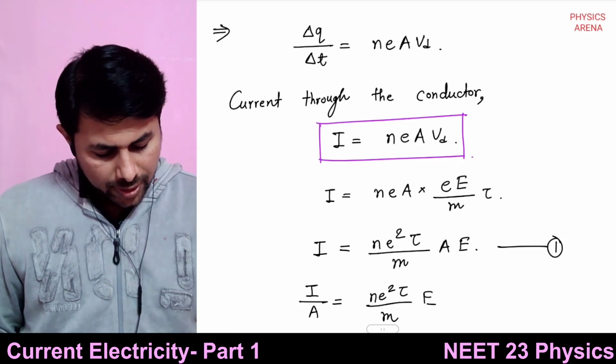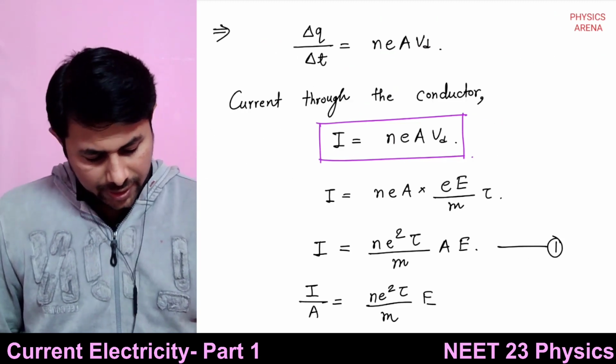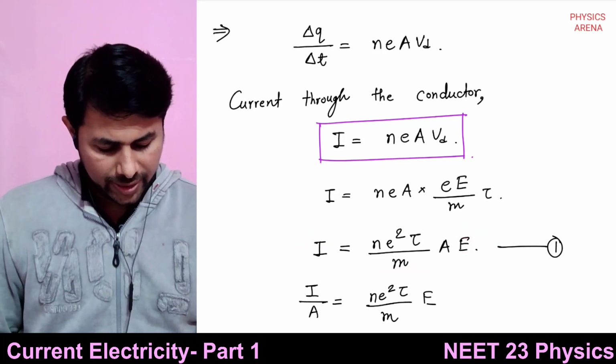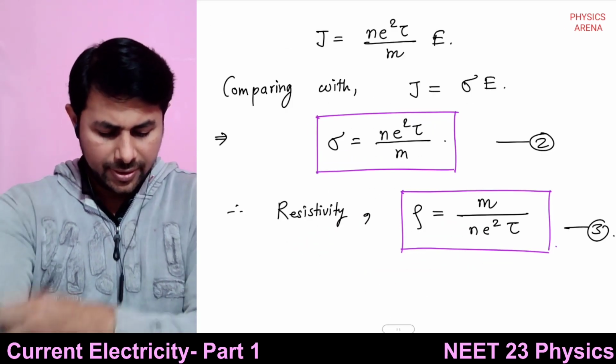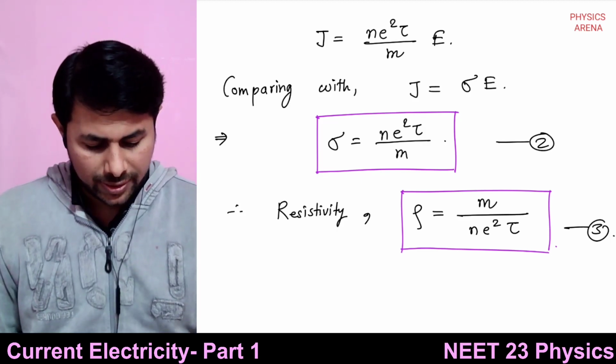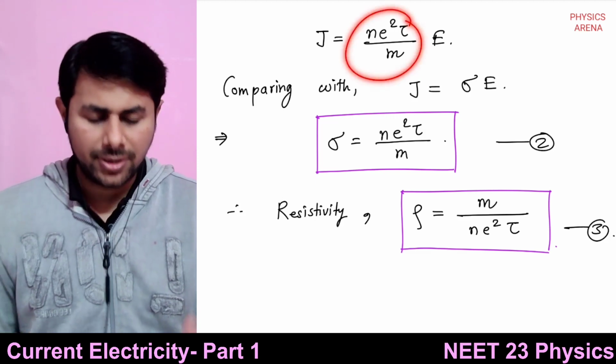Right. Then let's consider expression number 1 again. So what do we get? So actually we have derived the Ohm's law. Okay. So J is equal to some constant.